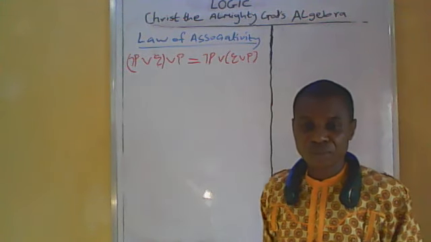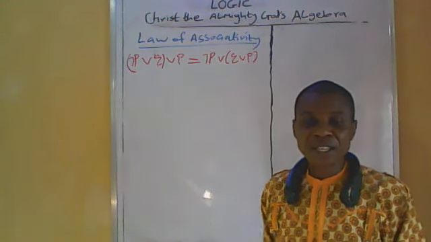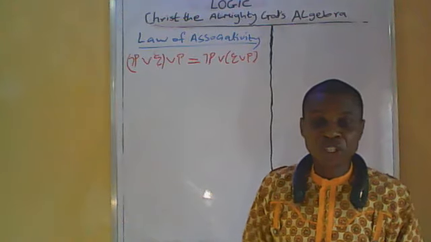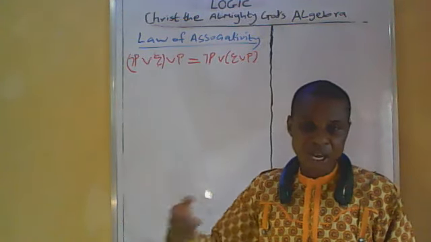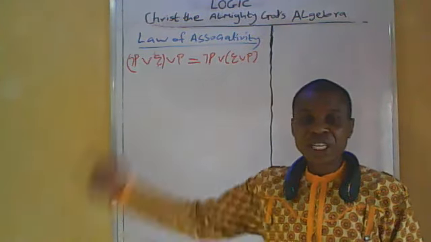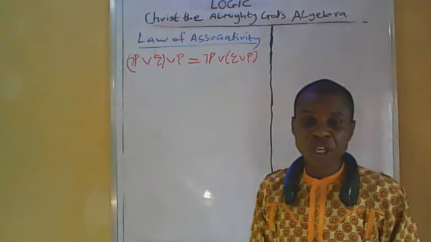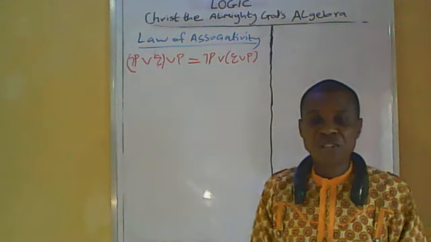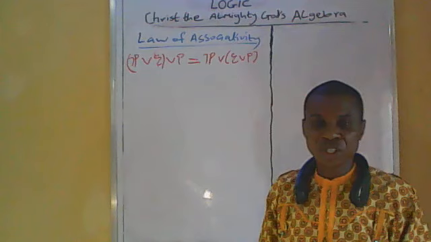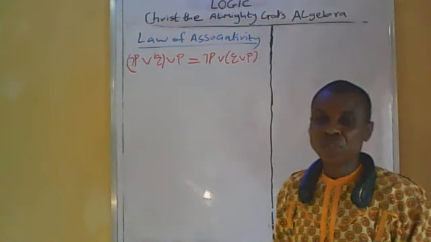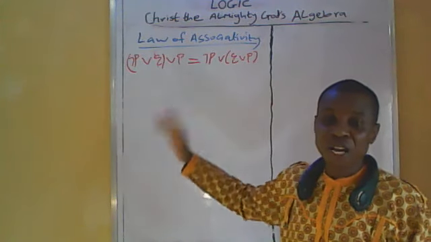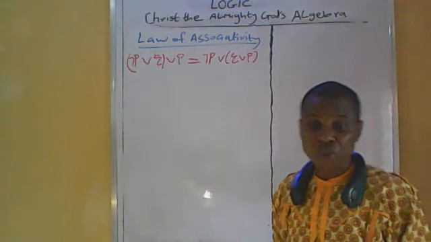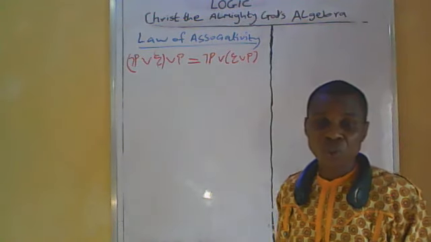Unlike grace, whereby either the left hand side of the equation is a subset of the right hand side of the equation, or the right hand side of the equation is a subset of the left hand side of the equation, we say that it is grace, but it's not in this case. They are equal to each other. That's why it is law.